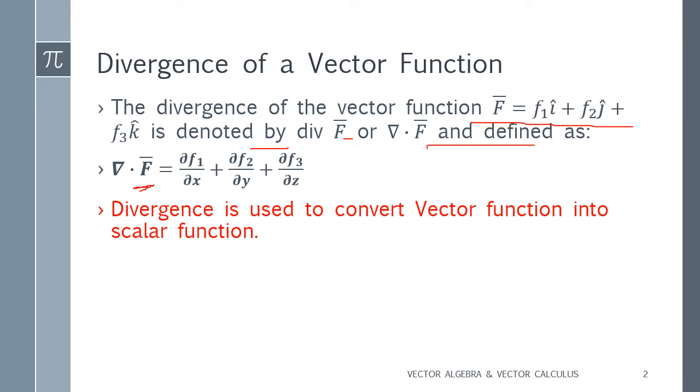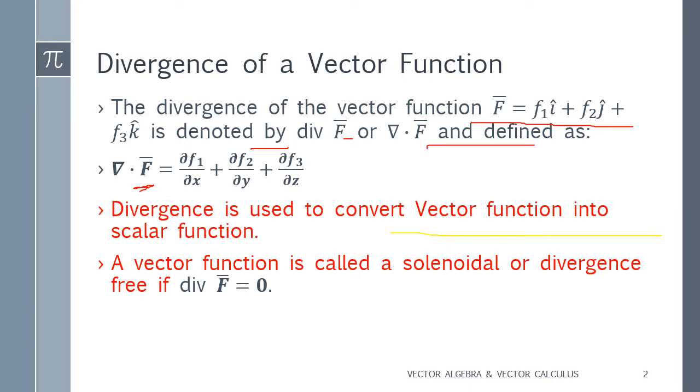So you have to multiply i dot i or i dot j, etc. After all this simplification, you will get a scalar quantity. This is the most important part to remember: divergence is a scalar quantity. So any answer you get by solving divergence must be in scalar form only.